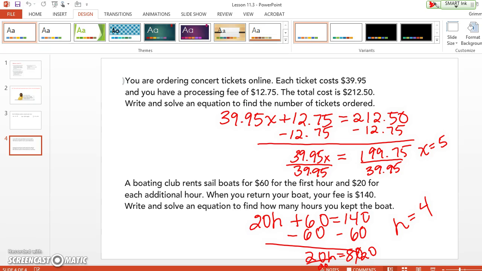Let me read it. The first hour and 20 for each additional hour. When you return your boat, your fee is $140. Write and solve an equation to find out how many hours you kept the boat. So when you subtract the 60, you didn't add that on. So it'd be 5. If you want to find out how many hours you have the boat, yeah, 5. So you had it for 4 hours, which would have been the 80, and then another hour for each additional.